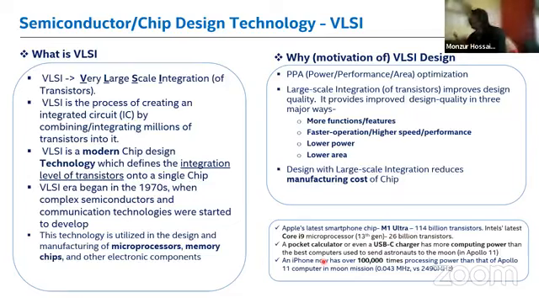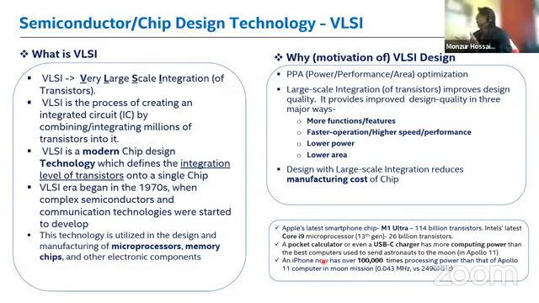Now, why is VLSI design so popular? What is the motivation for using this technology? Because if you develop a chip by integrating a lot of transistors into one chip, you get a PPA benefit, meaning power, performance, and area of the chip. Your power becomes low, performance becomes better, and area becomes small.